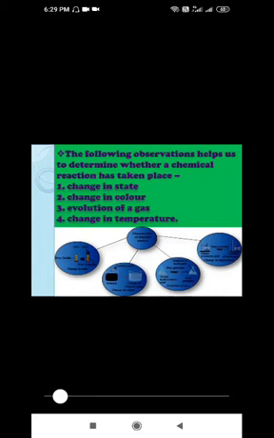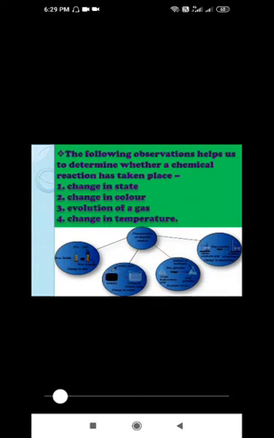Let's see. The following observations help us to determine whether a chemical reaction has taken place. We have done two experiments, two activities over here, and from those two activities we can definitely make it very clear that a chemical change has taken place.